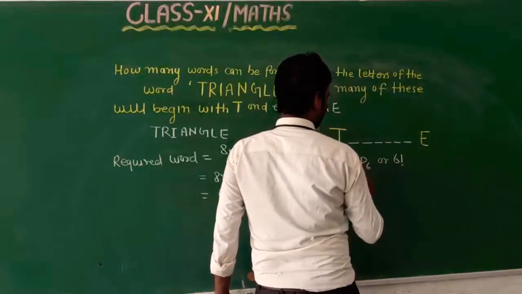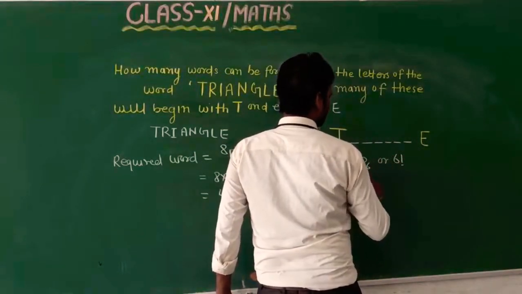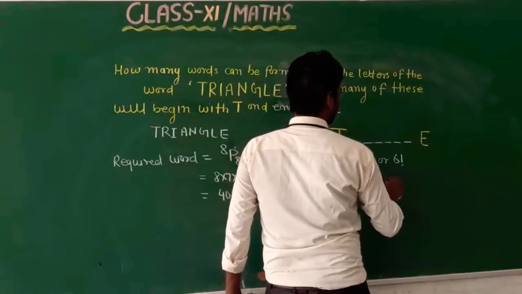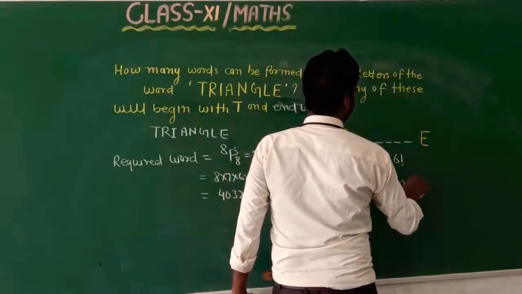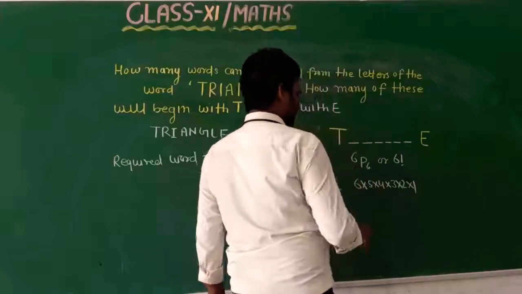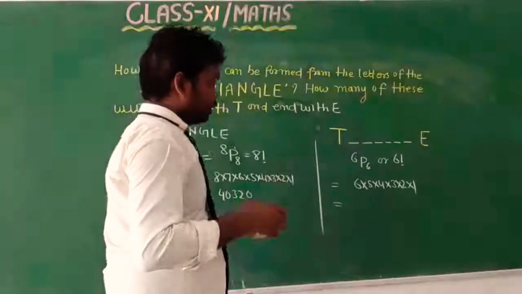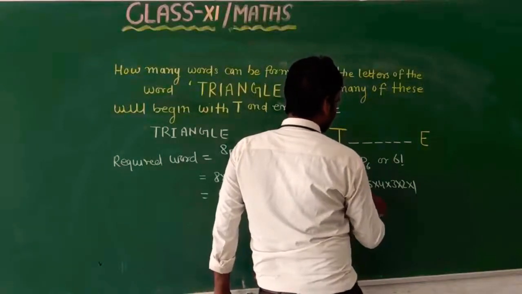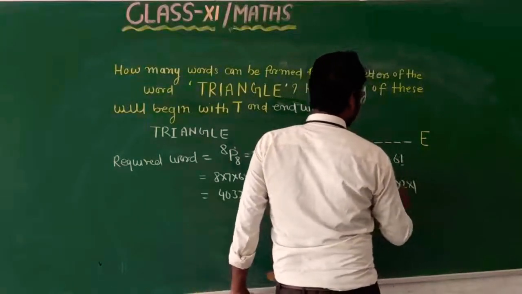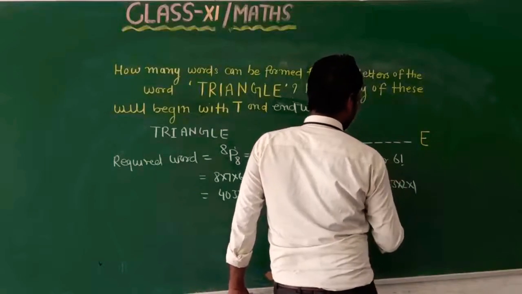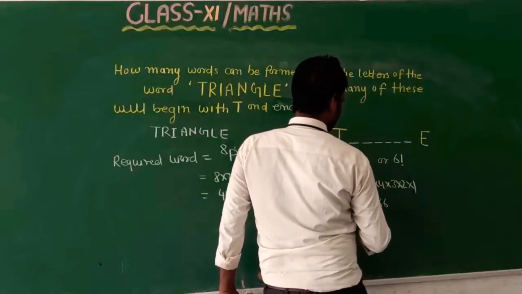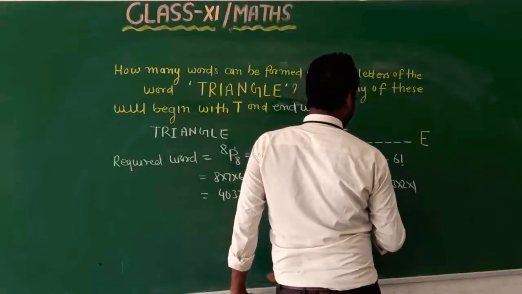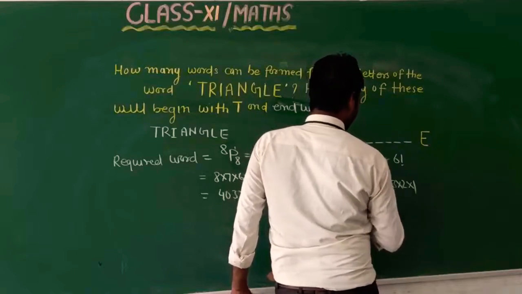Now simplify: 6 into 5 into 4 into 3 into 2 into 1, and after multiplication we get 720.